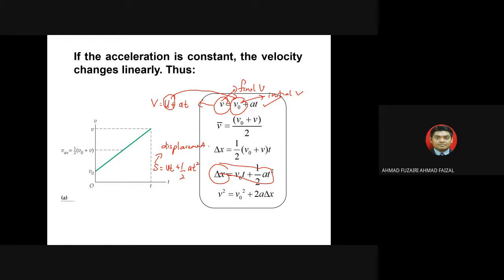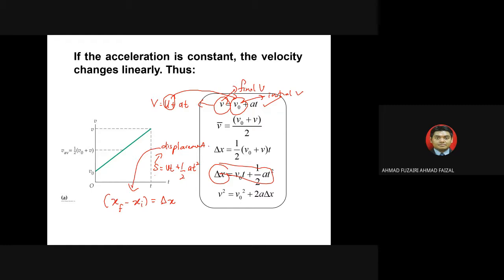In our terms, displacement is the final position minus the initial position, so it is delta x, the change in position.